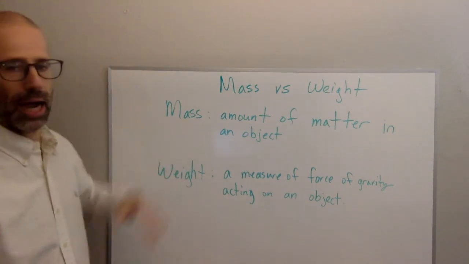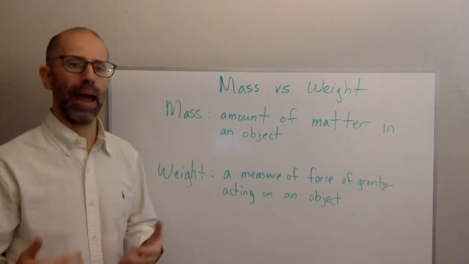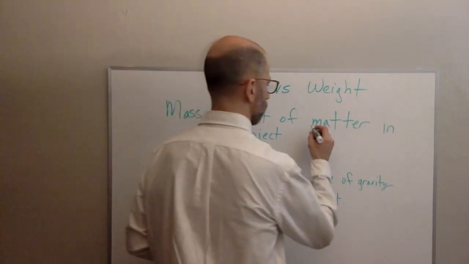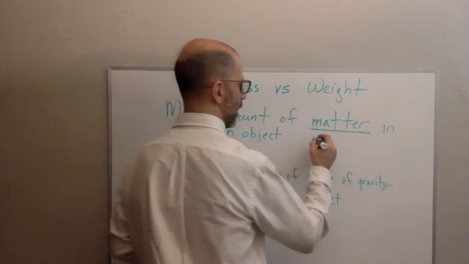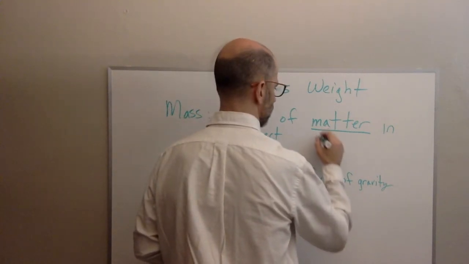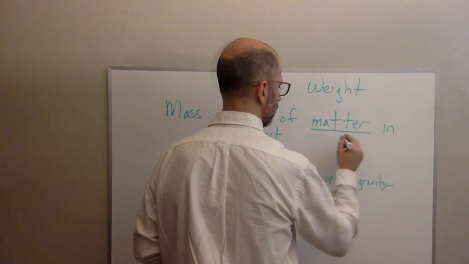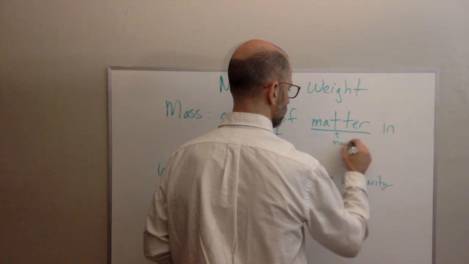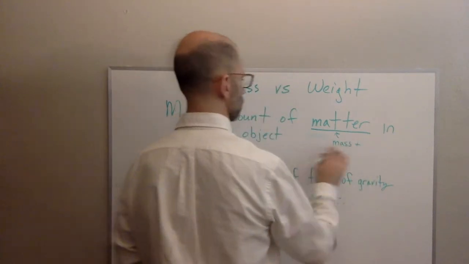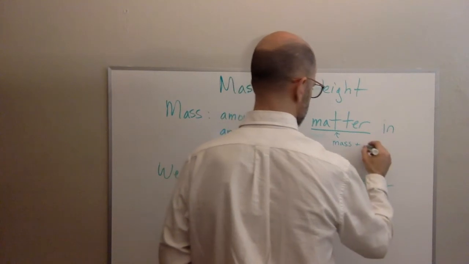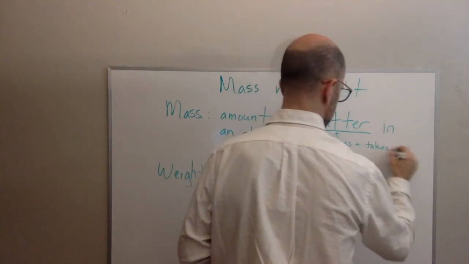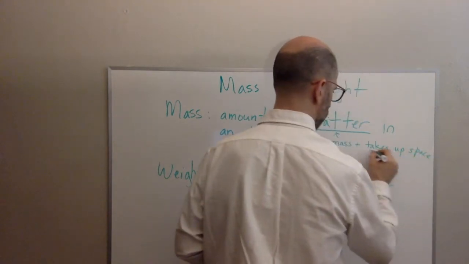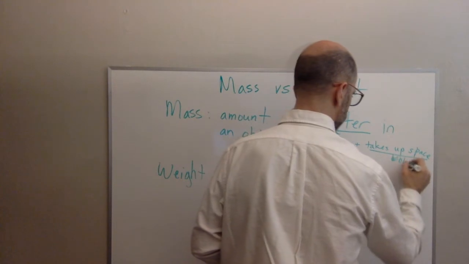So the mass of an object is basically the amount of matter in that object. And so matter, I'll go ahead and define that term now. Matter is anything that has mass and takes up space, or this is also volume.